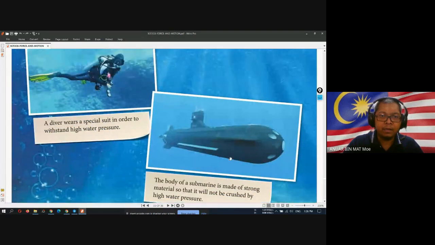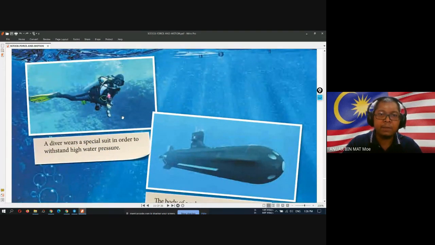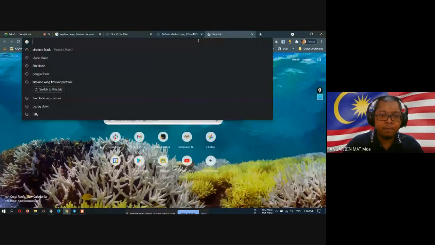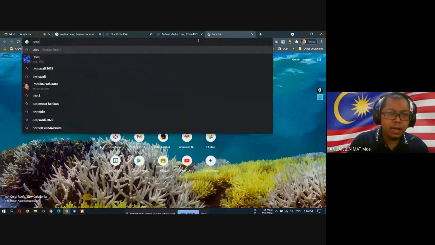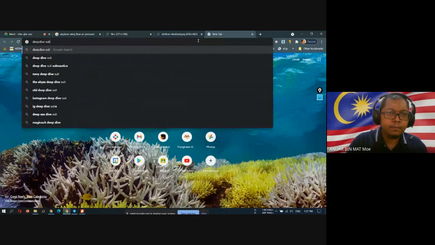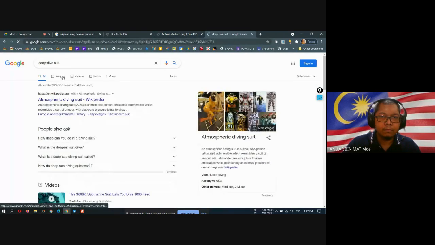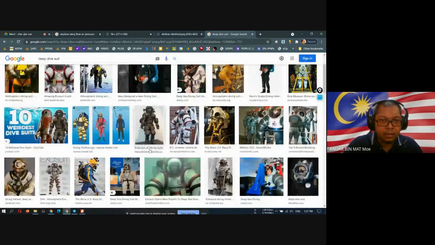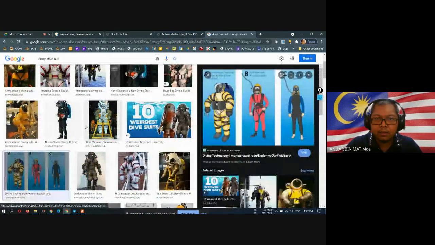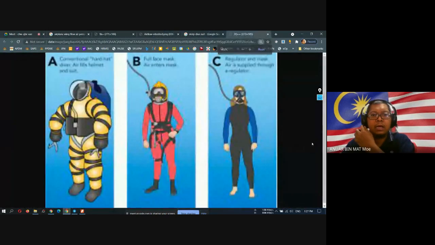Submarine, for example, the diver needs to wear a special harness. Okay, I want to show you one picture over here. Yeah, deep dive suit. See this? There are special suits for divers.